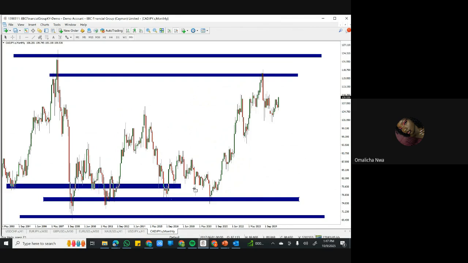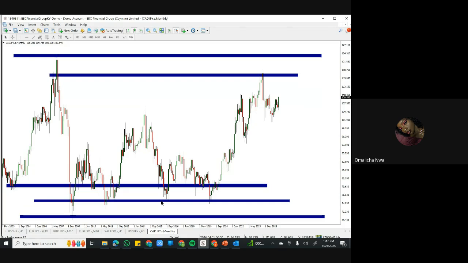This is an area of support. Try as much as possible to make it slim. It doesn't need to be that huge, right? This is an area of support. Another name for this is also called demand and supply.